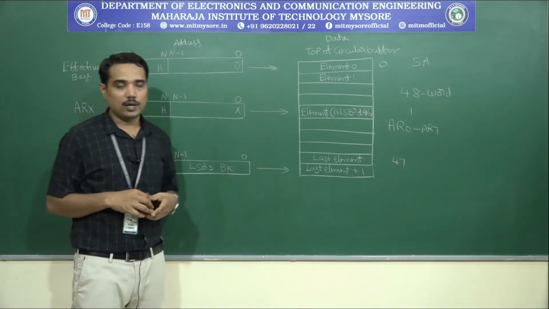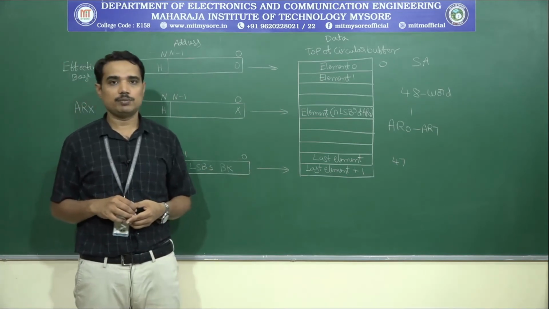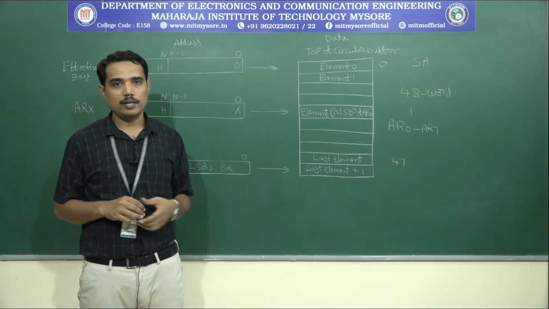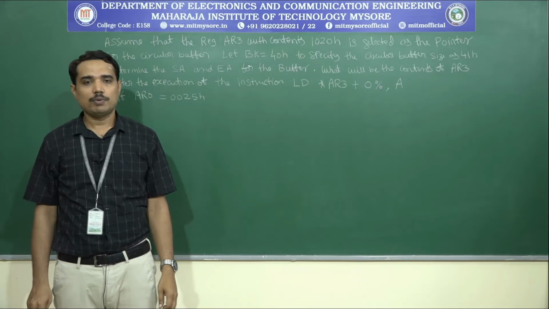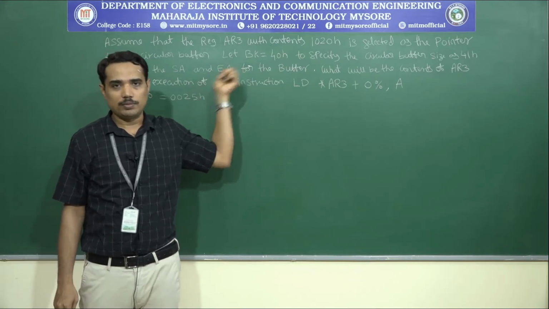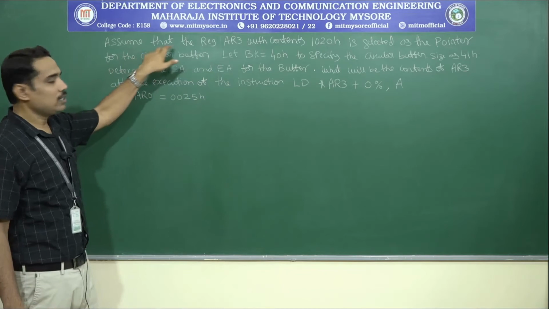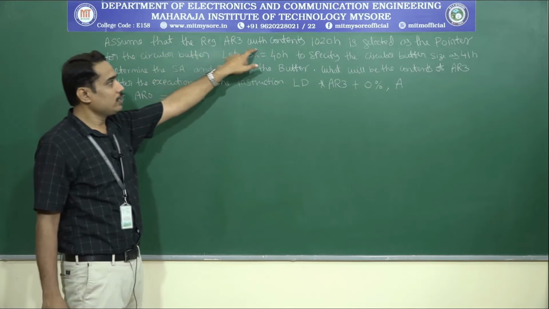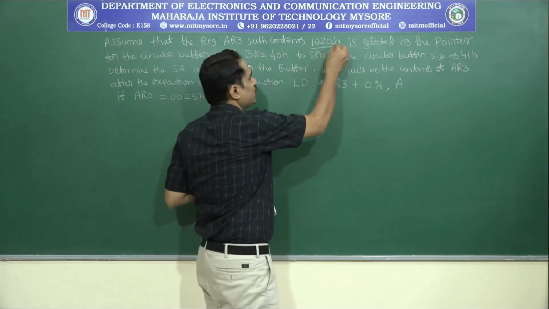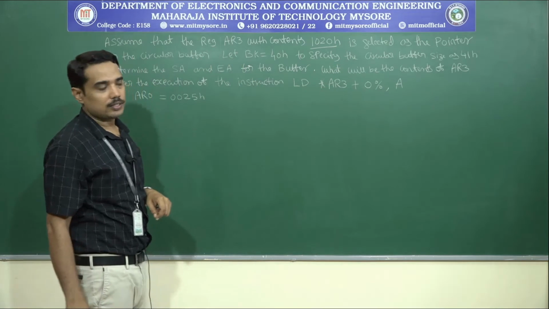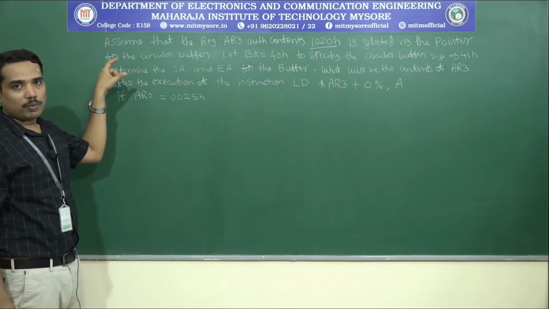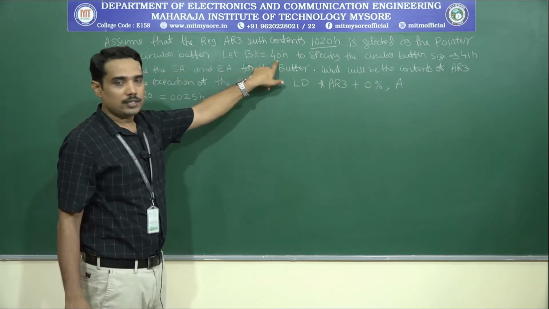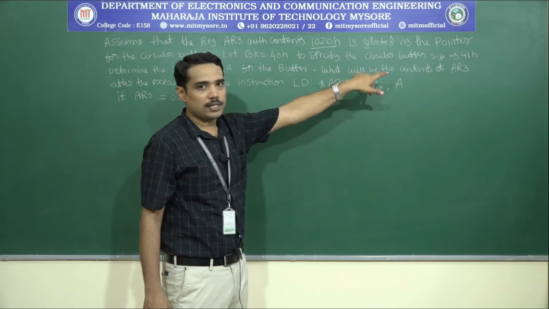Now, in order to understand how this circular addressing mode works in the TMS processor, let us solve a problem and try to get the updated values. Before solving the problem, let us see the problem statement. Assume that the register AR3 with contents 1020H is selected as the pointer to point to a value in a circular buffer. Let BK be equal to 40H to specify the circular buffer size as 41H.